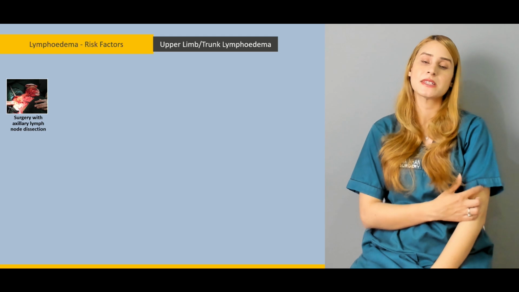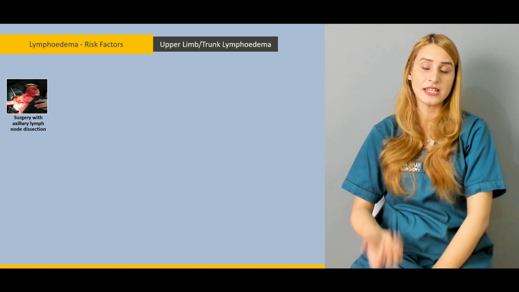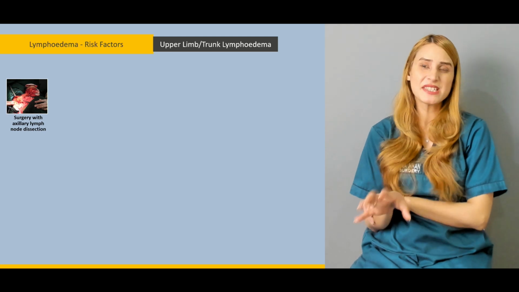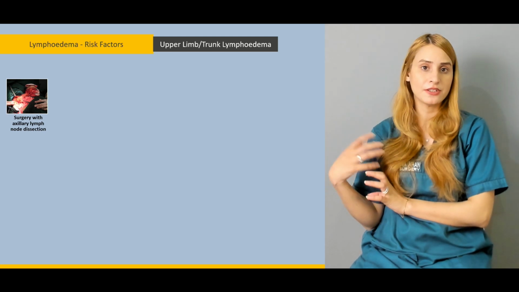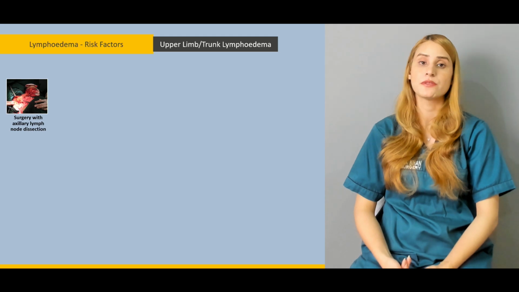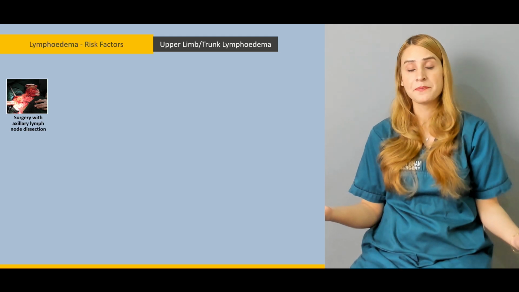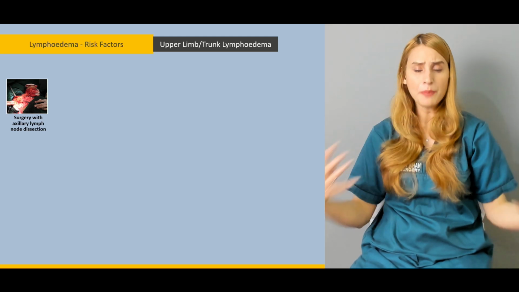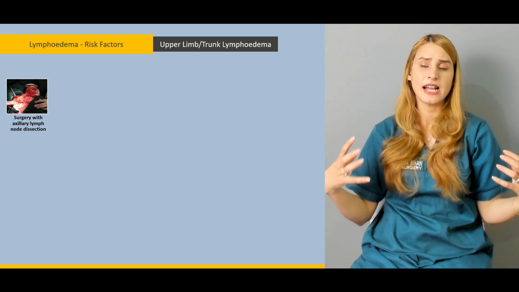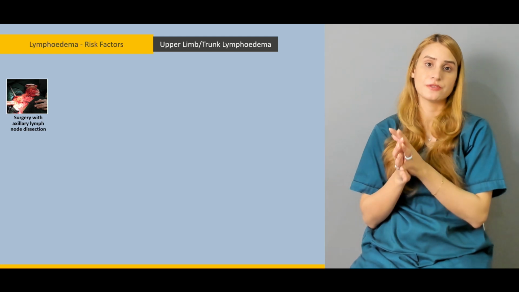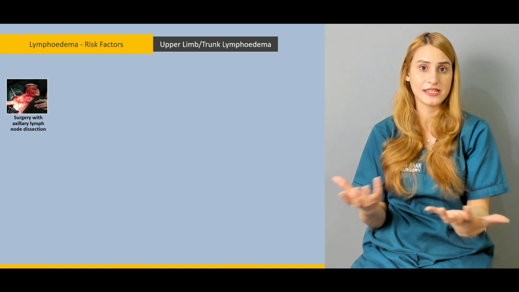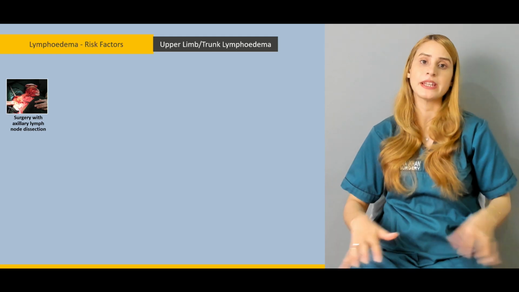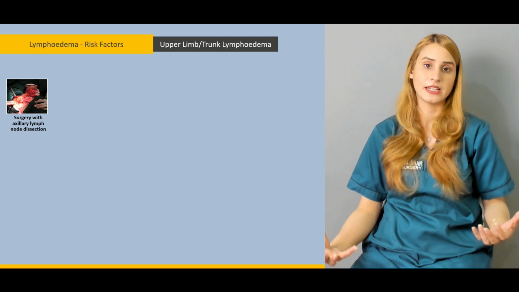If the patient is not mobilizing the arm, there would be stasis of the limb, because you have already taken out most of the axillary lymph nodes. Most of the upper limb lymph drains into the axillary lymph nodes, and when you have dissected them, there would be ineffective drainage and pooling, and ultimately swelling of the limb.